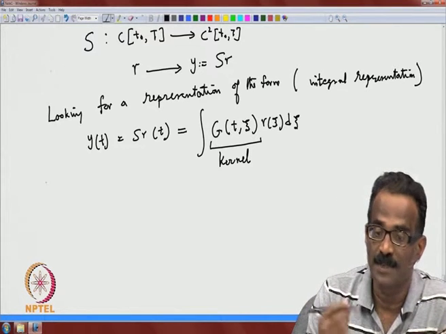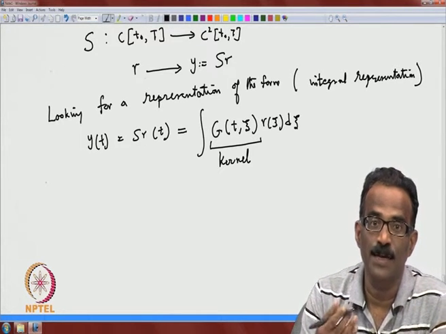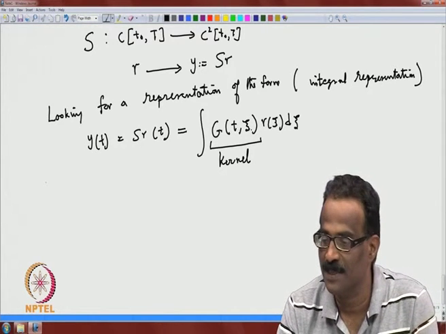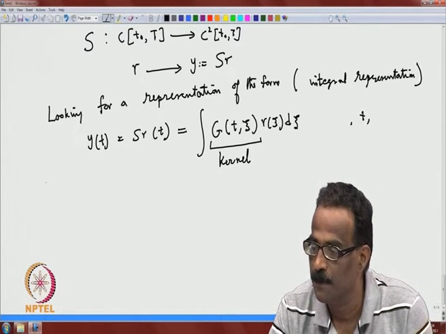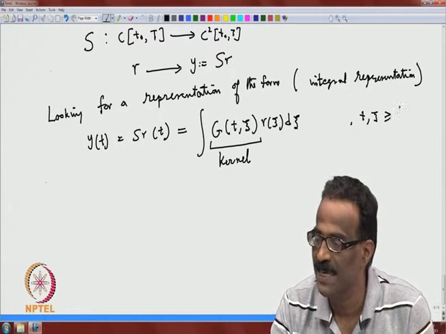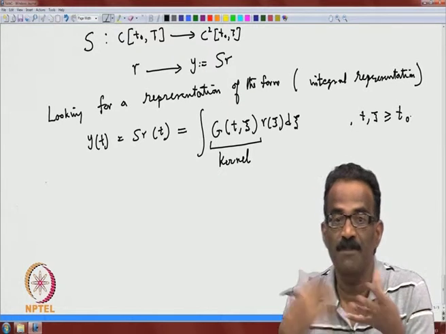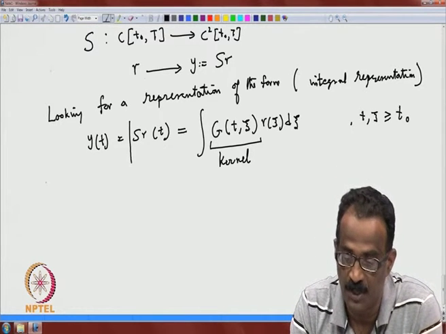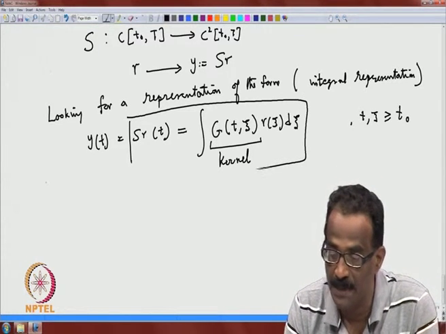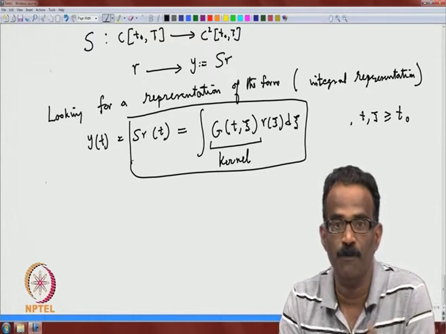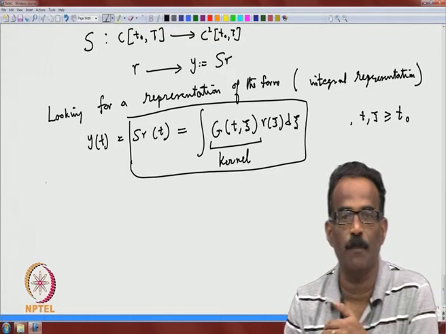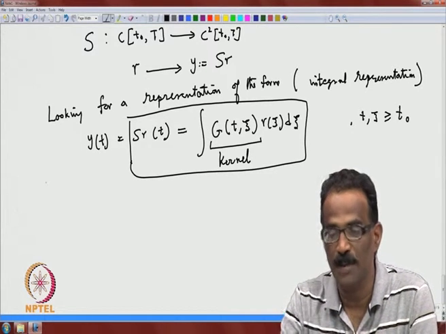So, is it possible to find a two variable function g, a function of t and psi defined for t, psi greater than or equal to say t naught, such that you have a solution representation, and that g should be independent of the forcing term? Let us try to compute formally, which can also be justified.